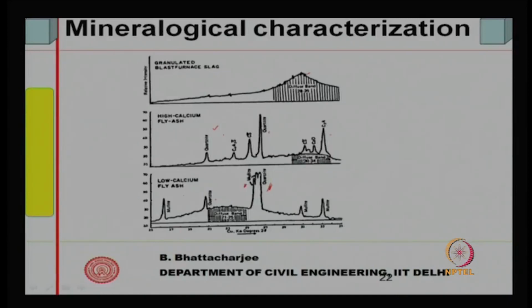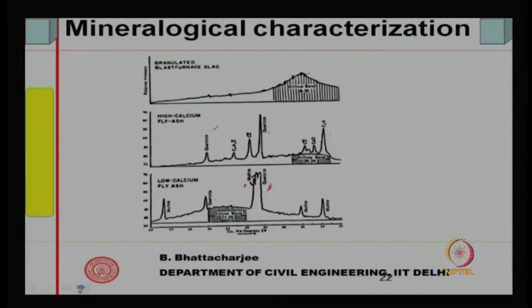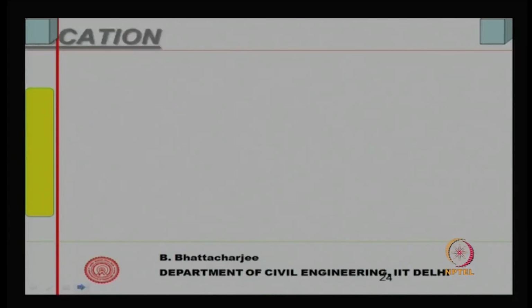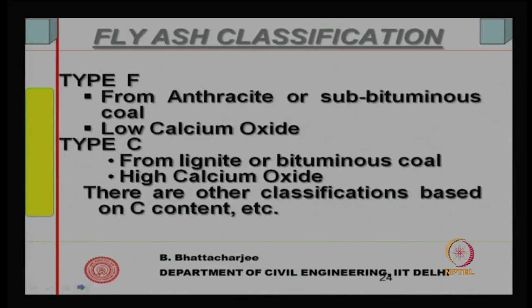So, these are typically the mineralogical compositions, or X-ray diffraction results, of fly ash and GGBFS. There is more amorphous material in GGBFS compared to fly ash, which has got some crystalline material. Right. This is shown in slightly more detail: low calcium fly ash, high calcium fly ash and GGBFS.